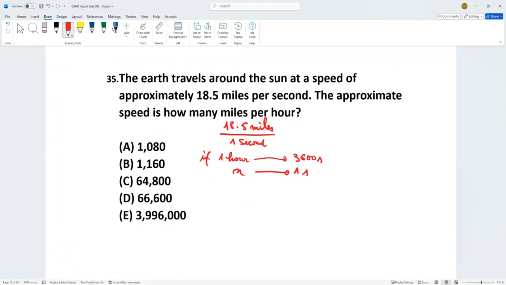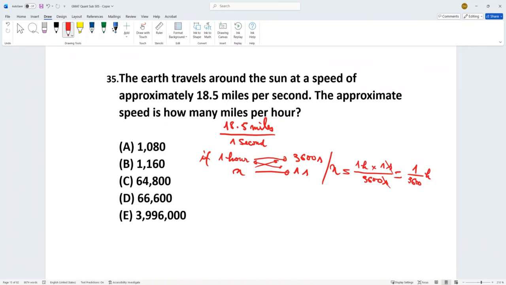Cross multiply: 1 hour times 1 second divided by 3,600 seconds. The seconds cancel themselves, so we have 1 over 3,600 hour.